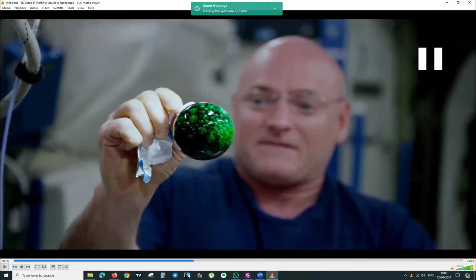You can see what is happening. He kept an antacid tablet there. So all that carbon dioxide, normally what happens is carbon dioxide will go opposite to gravity. It just tries to come out. But in this case, there is no up and down concept.